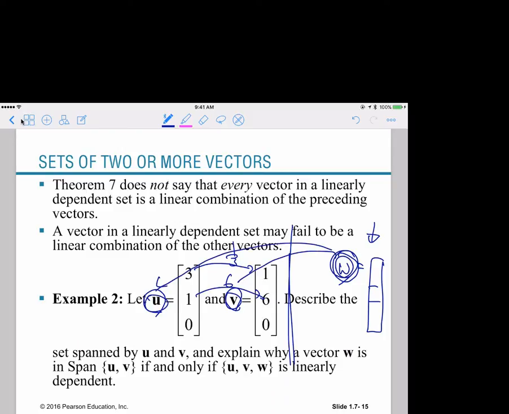That's the only case that makes these three vectors linearly dependent. In other words, the third vector w should belong to the span of the first two, which means the last vector is a linear combination of the other two. So that's when those three vectors are linearly dependent.